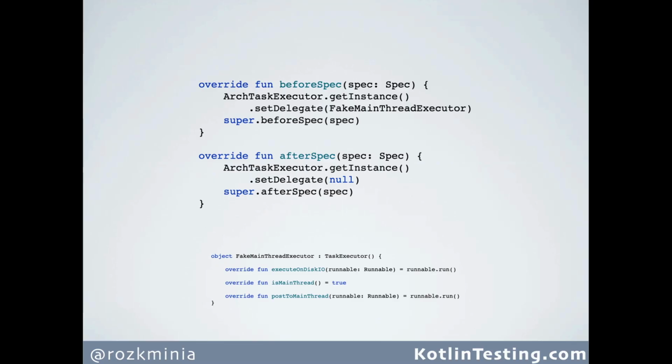This beforeSpec and afterSpec are callbacks from Kotest specifications. BeforeSpec will execute just before we execute our first test case, and afterSpec when all test cases are run.